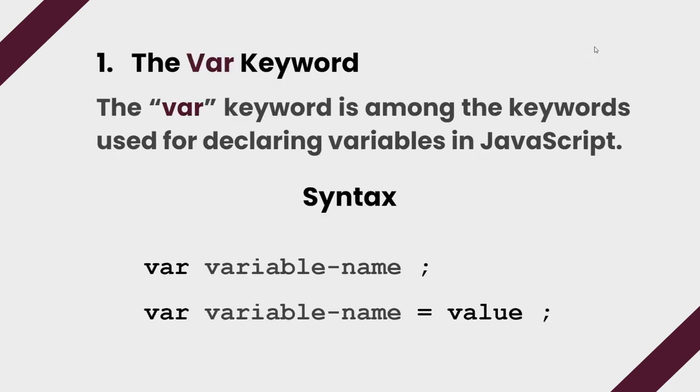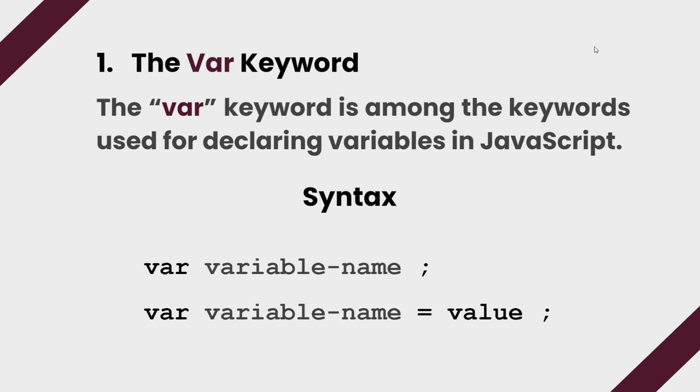So for the first keyword, we have the var keyword, which as we all know isn't really used anymore. But here you can see that the var keyword is among the keywords used for declaring variables in JavaScript. And you can see the syntax below the screen.